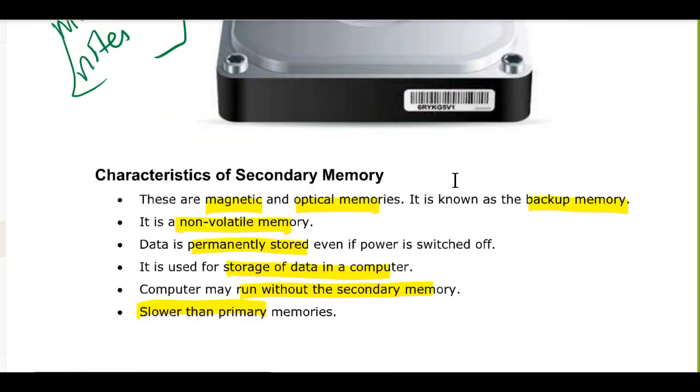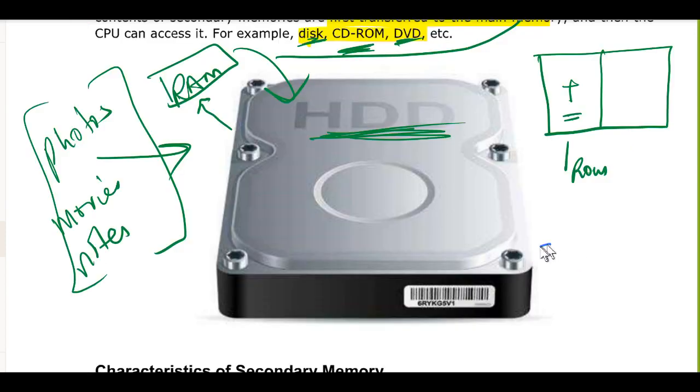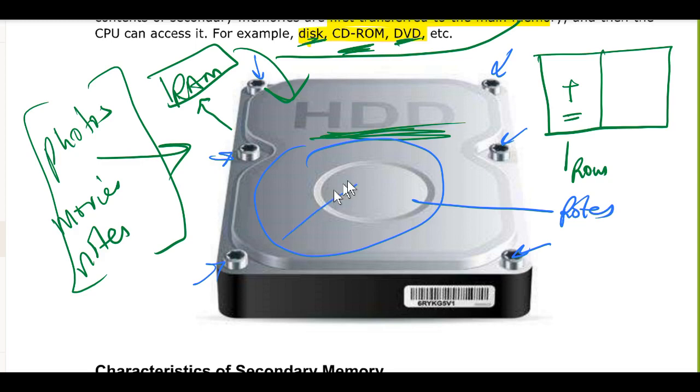The characteristics of secondary memory include the following. They are normally magnetic type. A magnetic disk, as I talked about before, has a disk that rotates. If you open up these nuts, which I don't want you to do, you are going to find a disk that rotates, and a head that moves from the center.